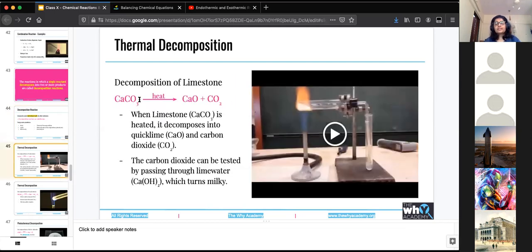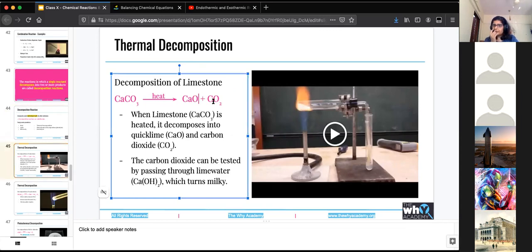Next, an example for thermal decomposition is the decomposition of limestone. Limestone is calcium carbonate. If you heat calcium carbonate, it decomposes into calcium oxide and carbon dioxide.